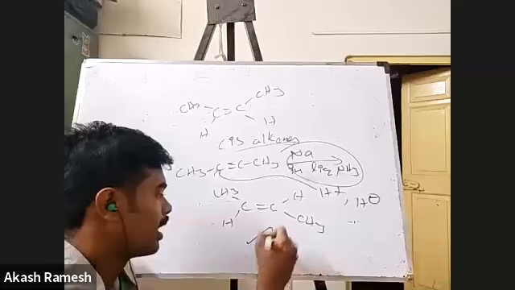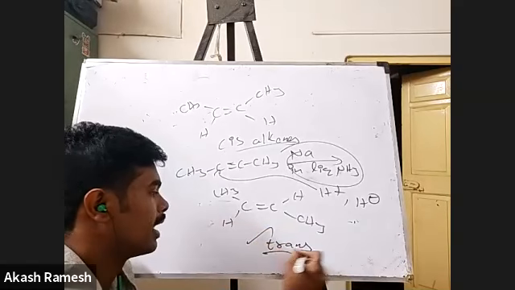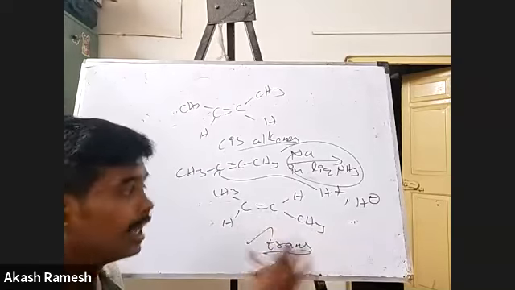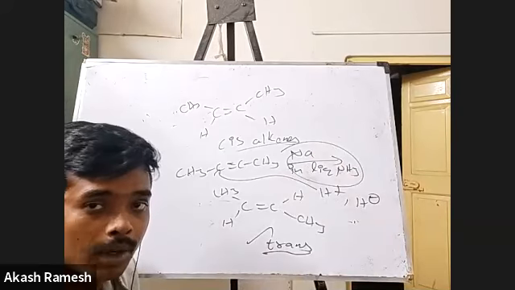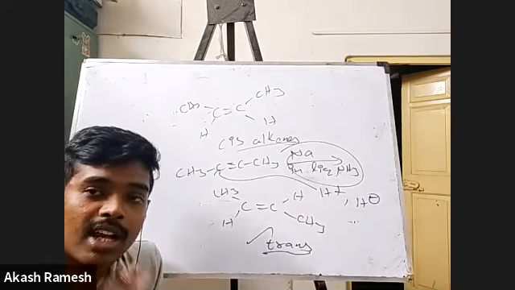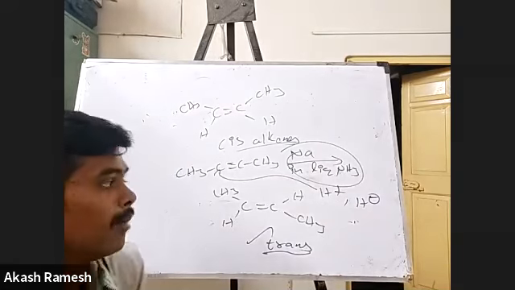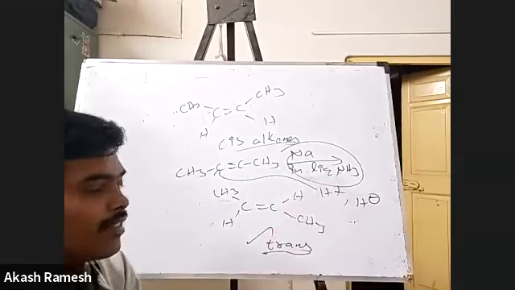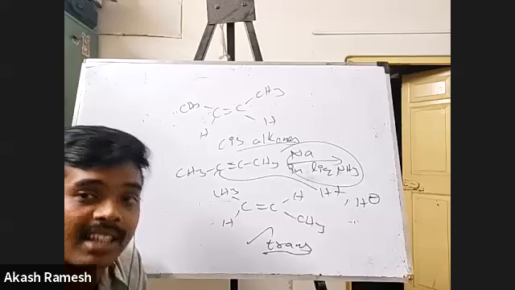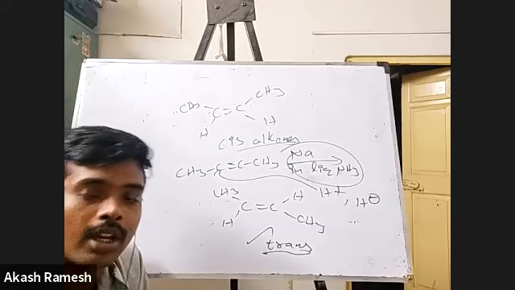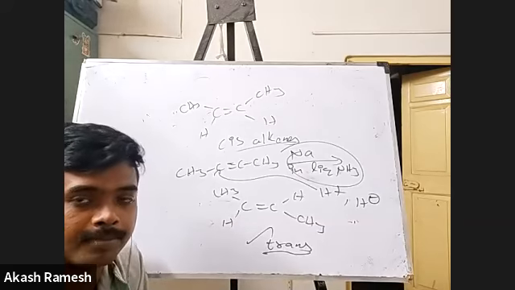That is the reason why you will always end up with a trans alkene if you go for sodium in liquid ammonia. Normal hydrogenation always gives a cis alkene, but if you react an alkyne with sodium in liquid ammonia, you will always end up with a trans alkene. This you will remember.